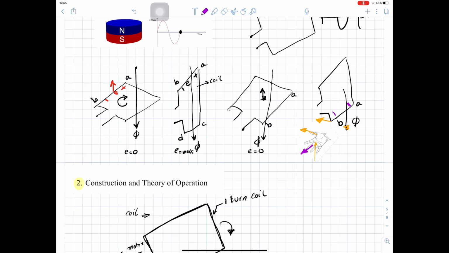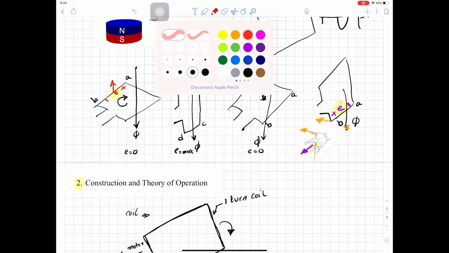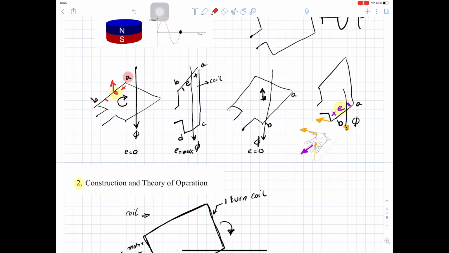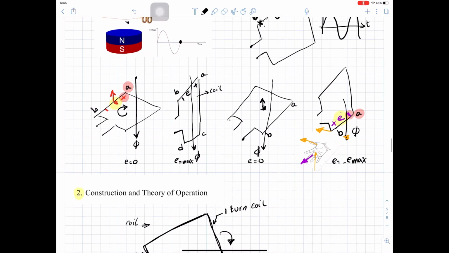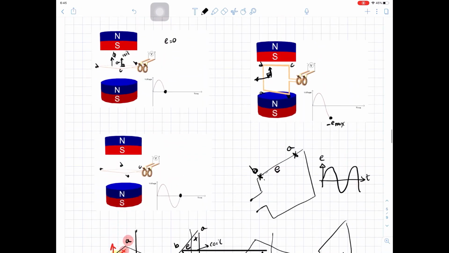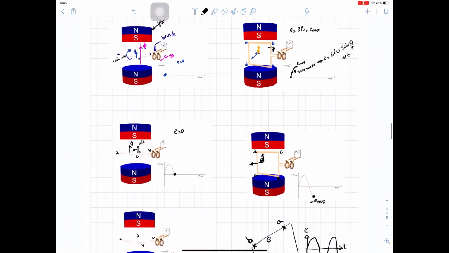So here will be negative and here will be positive E. If you look at the direction of this E here and this E here, you can see in this case A is positive, and in this case A is negative, which means that in this case E is negative E max. And this will be the sine wave that we sketched here for the voltage.